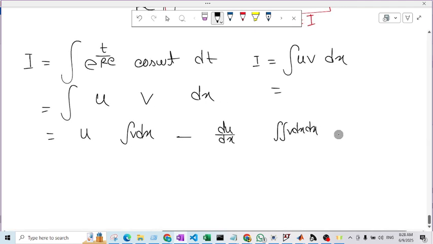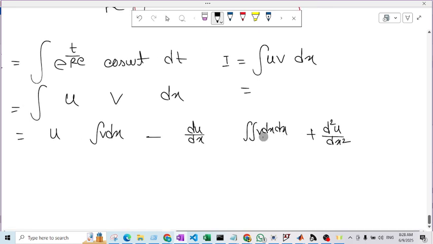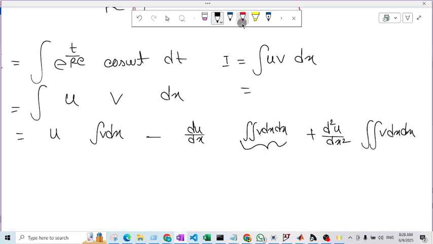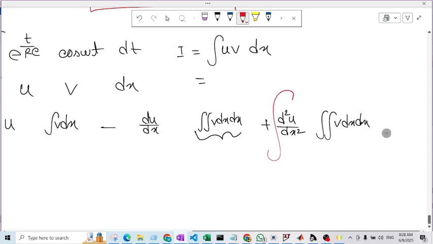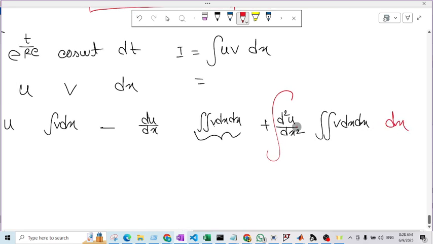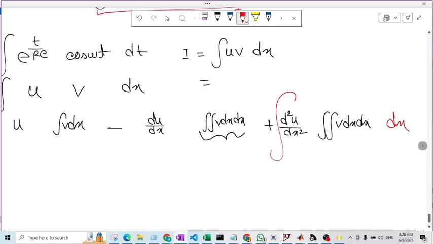Now put a plus here, differentiate again, but don't integrate this, write it as it is. Why? Because now you have to stop this series here, and if you don't stop it here, it will go up to infinity, right? So this is our basic formula.